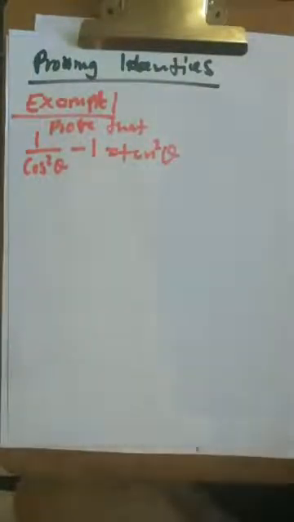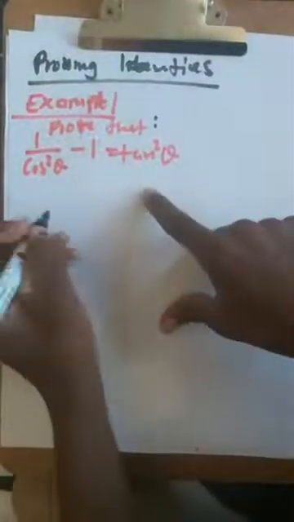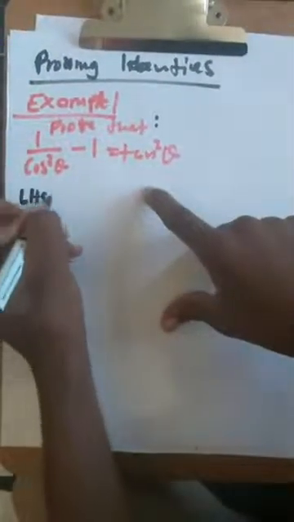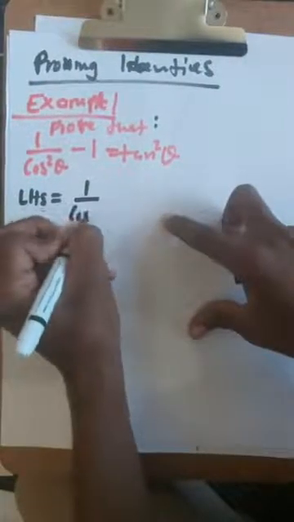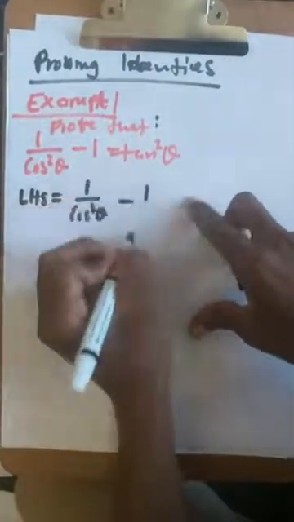This is what we are given, and we want to prove that. So I can take the left hand side: 1 over cos squared theta minus 1.